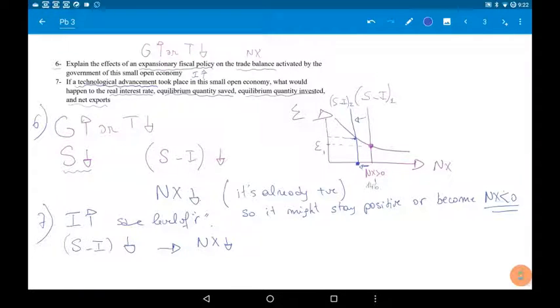So the real interest rate stays the same. The quantity saved at equilibrium, savings, will stay the same.